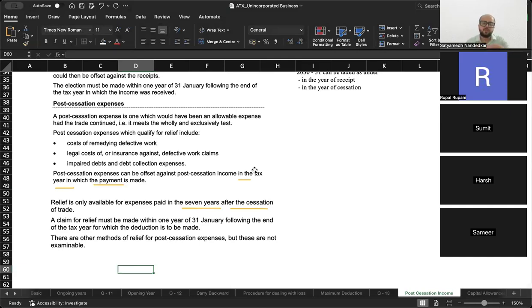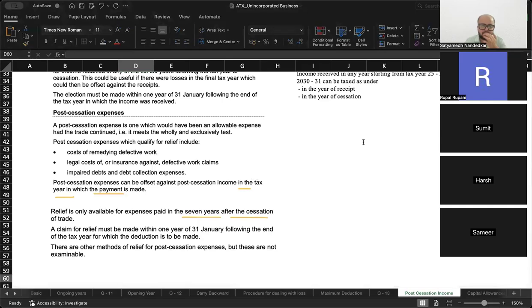Relief is only available for expenses paid in the 7 years after the cessation of trade. Once the business is closed, after that for 7 years you can claim some of these old expenditures. Like, I have shut down the business but I had given a warranty to someone and then that person comes knocking at my door and I have to pay for his free repairs or whatever, and then he starts asking me for money, then I have to pay that amount to him, right?